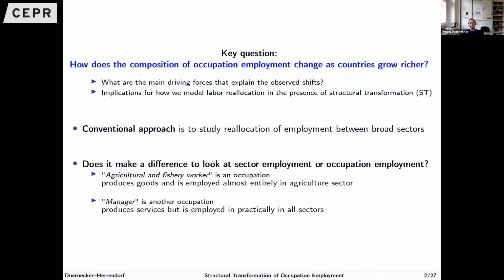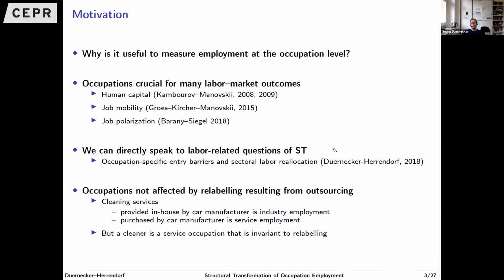So why is it interesting or useful to focus on occupation employment? There is plenty of research showing that occupations matter a great deal for important labor market aspects. For example, human capital. It has been shown that human capital is mostly occupation specific and not sector specific.